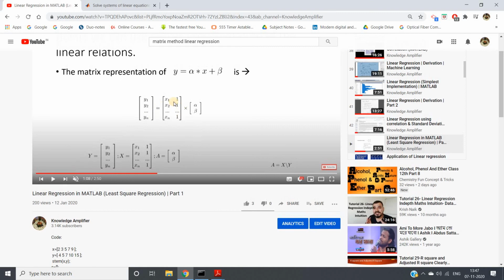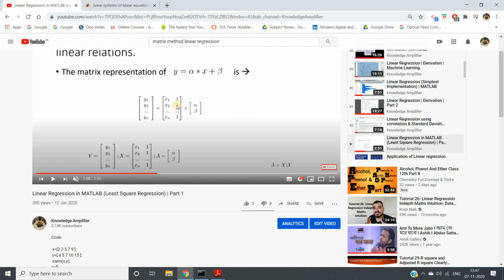Like here we have seen that this one is a rectangular matrix, so obviously we can think that its inverse might not exist, right? But MATLAB will internally first multiply the transpose on both sides and then take the inverse. This is called the pseudo inverse, which I will be discussing in detail in the multiple linear regression discussion.